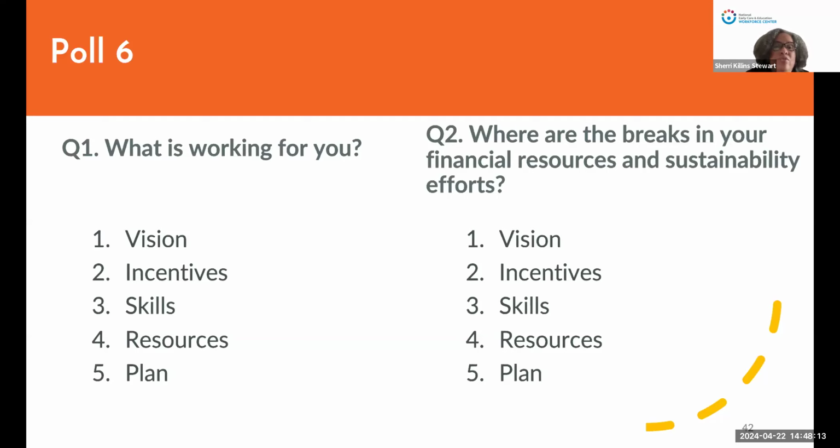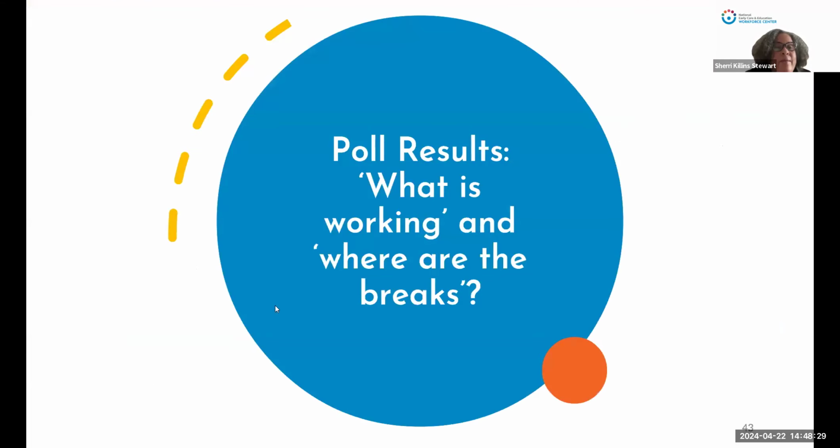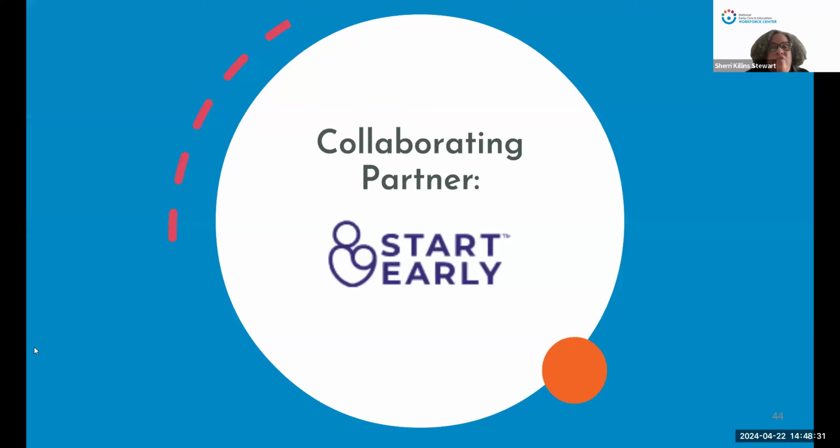And so this gives you an idea of where to work and where to begin partnering as you think about putting together the last series of workshops we've done and where you might need to lean in to move forward. And so with that, we have another presentation from our collaborating partner, Start Early, to talk to you about the work that they're doing on the ground.